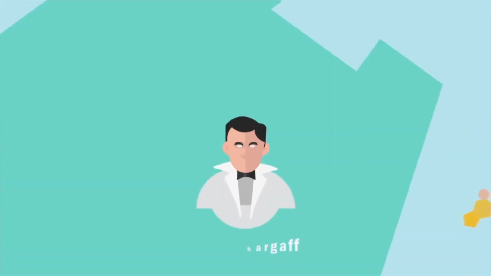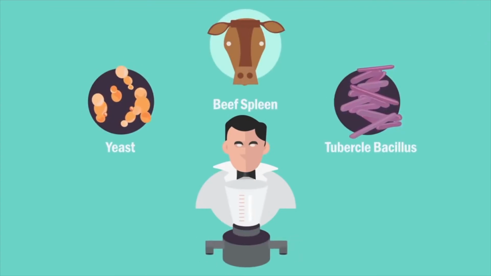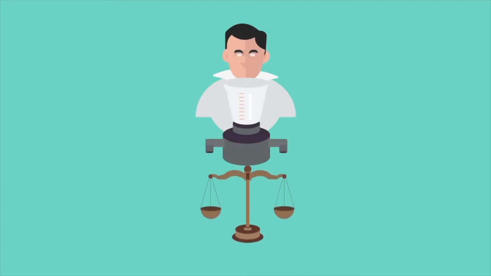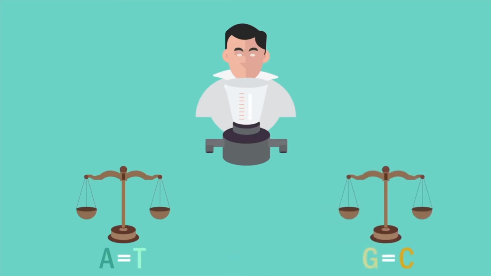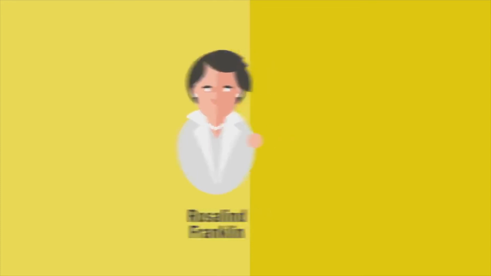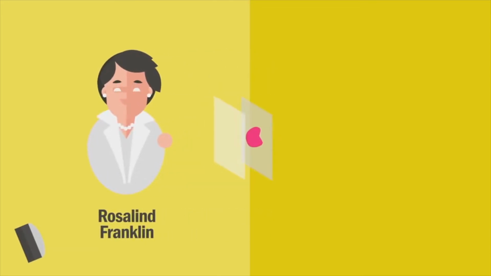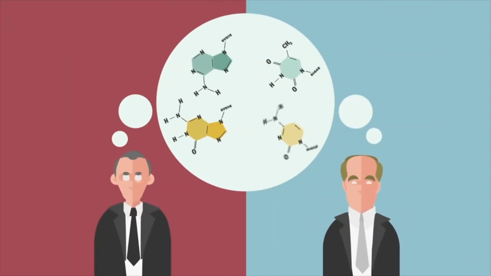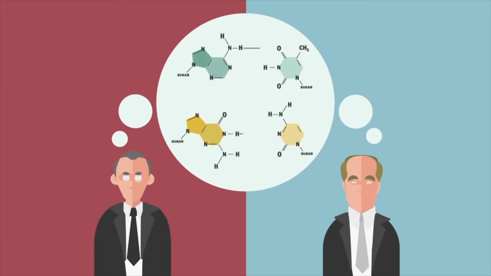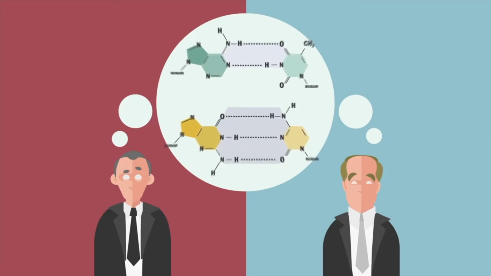They had 2 clues. The first one was a discovery made by Erwin Chargaff, who found that in all organisms he tested, the relative amounts of adenine and thymine were equal, and the same happened with guanine and cytosine. The second clue came from Rosalind Franklin, an experienced chemist who generated DNA crystals and shot X-rays through them to study their structure. The X-ray picture showed a repeated pattern, which meant it was something similar to a helix. Watson and Crick tried all the different possible unions between A and T and G and C, and one was perfect. 2 bonds between A and T and 3 bonds between C and G would fit in a helix.